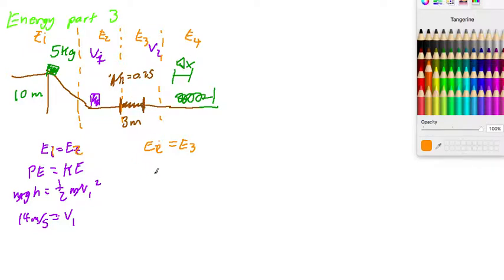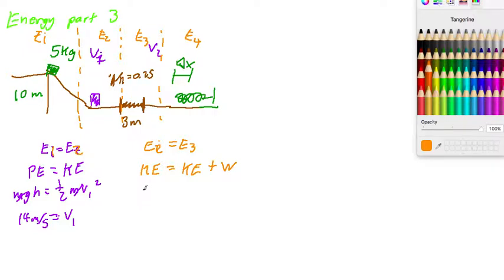So here, what we're going to say is that initially, right here in E2, it was only moving, completely plain, so it was all kinetic energy. And it finished as kinetic energy 2 because it got out and it kept moving, right? Kinetic energy plus our energy lost as heat, and heat done by work from the friction.